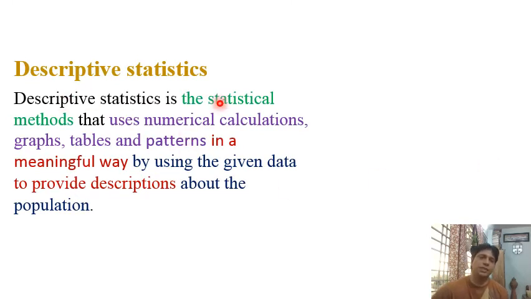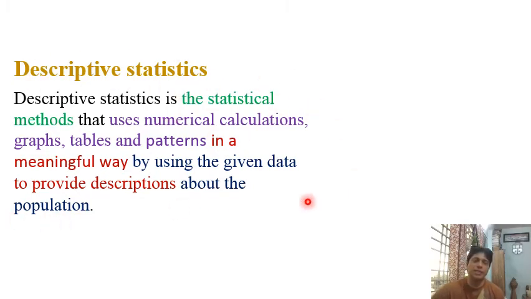What is descriptive statistics? Descriptive statistics is the statistical method that uses numerical calculation, graphs, tables, and patterns in a meaningful way, using the given data to provide descriptions about the population.